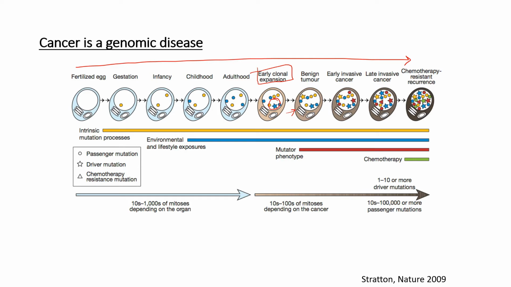And here you can see that after the benign tumor there were other driver mutations that took place, like this one, and the tumor expanded, and you can say the tumor became invasive, and then from invasive it further becomes an aggressive phenotype, and from benign to invasive, and then the metastasis occurs.